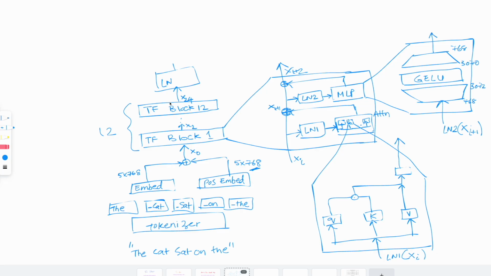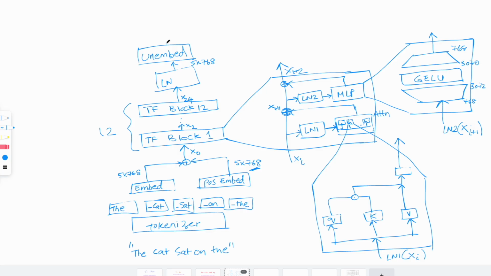The residual stream coming out of the last transformer block is put through yet another layer norm. This one is identical in setup to the layer norms that we have seen within the transformer block. And this normalized residual stream goes into the unembed layer. The unembed layer is just a single layer that transforms the residual stream. Remember, it's always the same 5x768 stream that's making its way across.